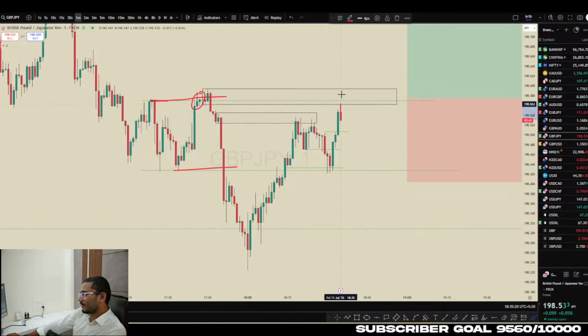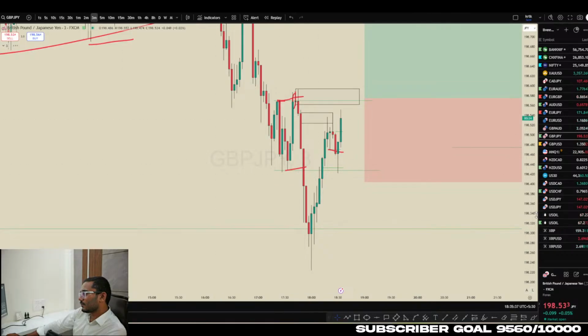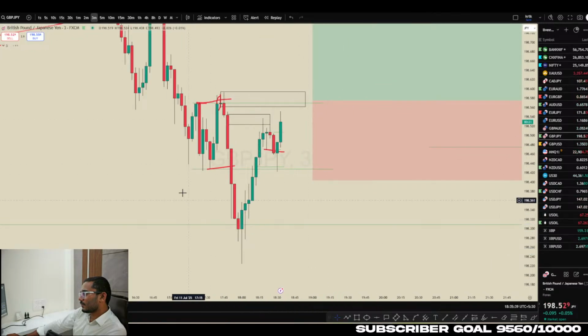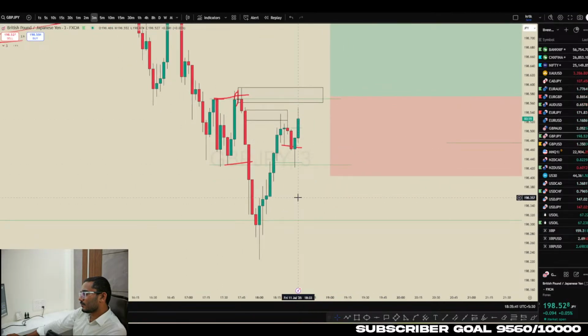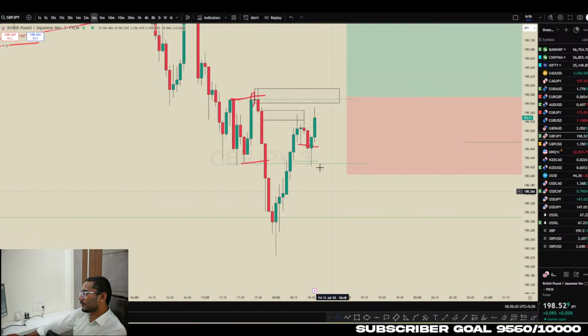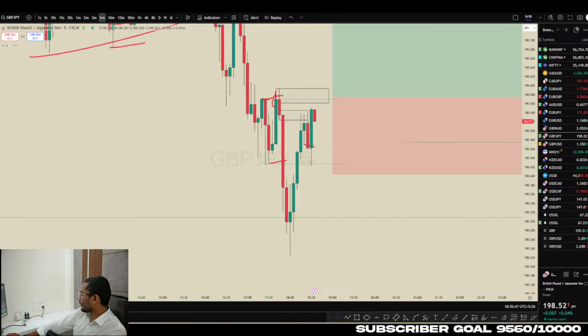So price needs a lot of momentum, or needs to take a lot of orders from the downside, so it can break the structure, and that's why imbalance is created. So that's how imbalances are created. Only if this structure is broken will we look for buy side trades.